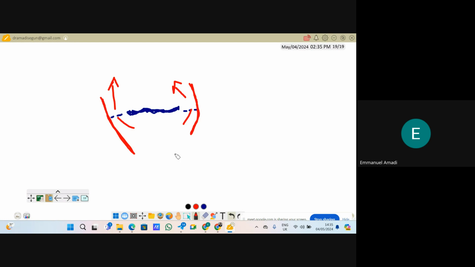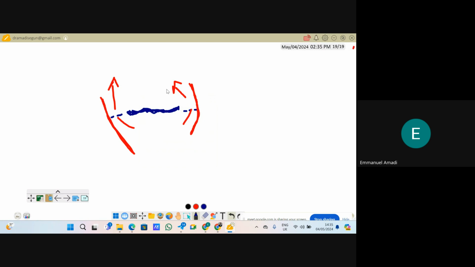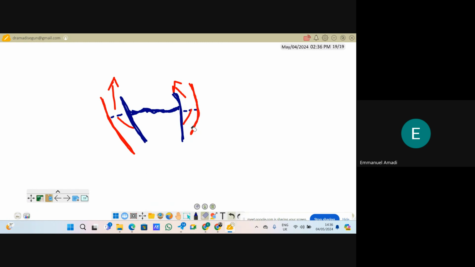Now, if I give this patient IV furosemide, and this patient loses the excessive fluid, the dilatation in this heart will go away. Once that dilatation goes away, the heart will return to the original size. You can see the heart coming back to its original size, and you can see that regurgitation disappearing.